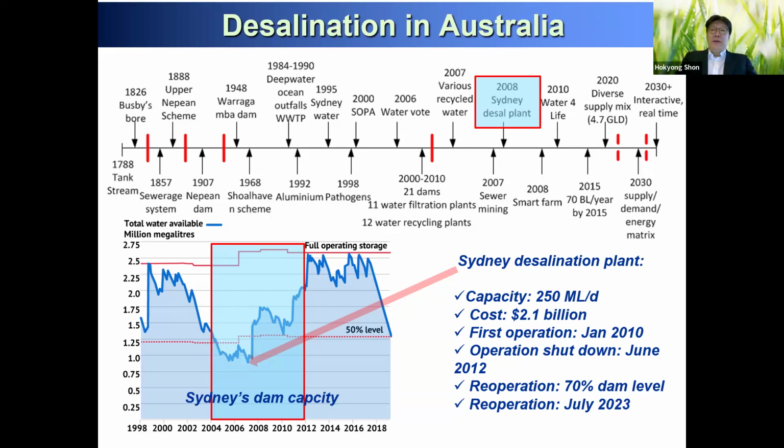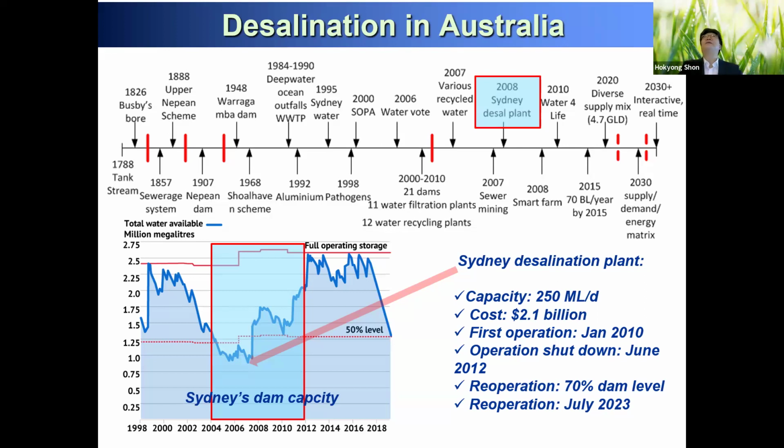So we spent almost $2.1 billion of taxpayer money to make one desalination plant. And the capacity is 250 million liters per day. And first operation, January 2010.